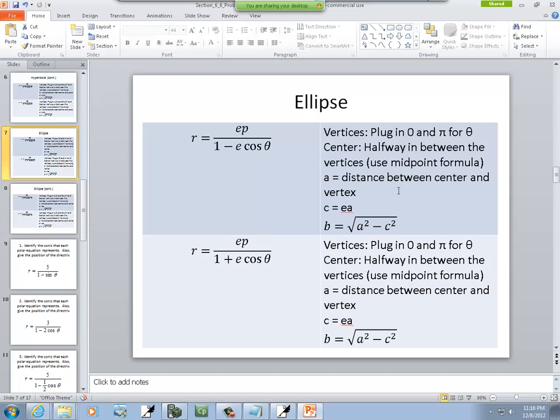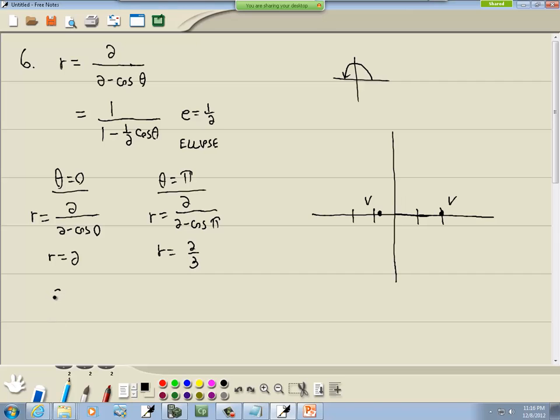Center is halfway in between the vertices. Well, this one is, and again, I have to think of it not in terms of the angles, but where they really are positioned in terms of this being our center. So this would be negative 2/3. And this would actually be 2. Divide by 2. Multiply everything by 3.